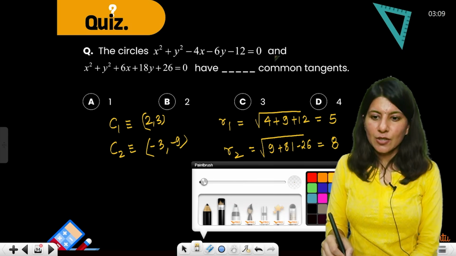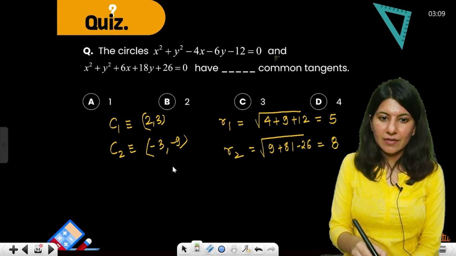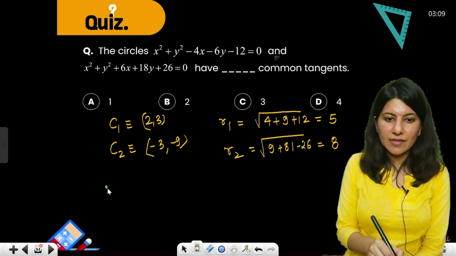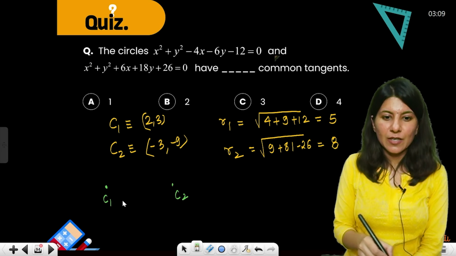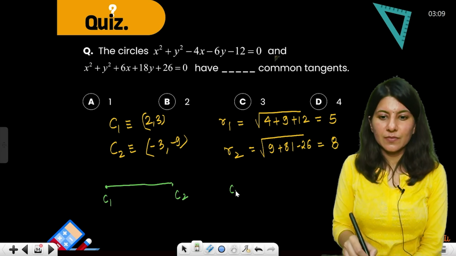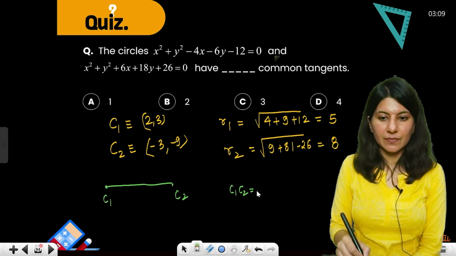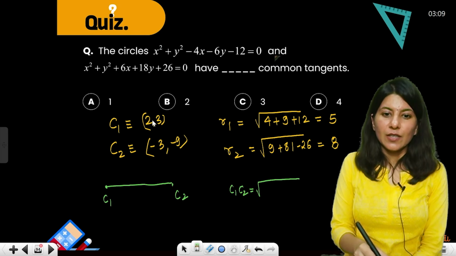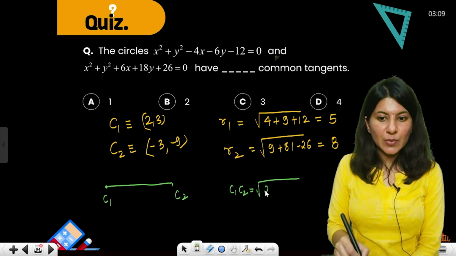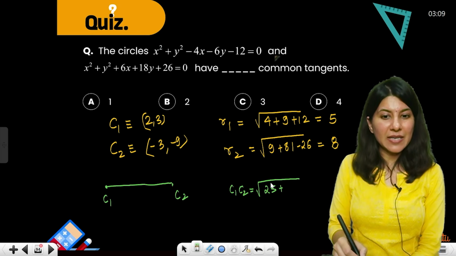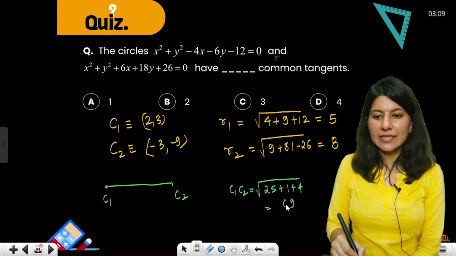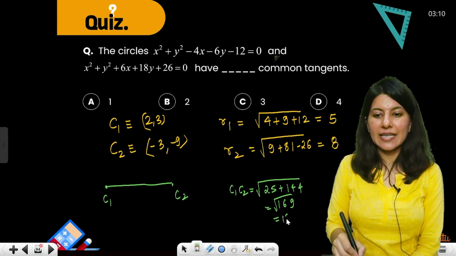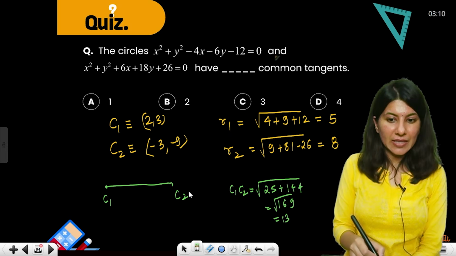Now the distance between the centers C1 and C2: 2 minus (-3) is 5, squared is 25; 3 minus (-9) is 12, squared is 144. So this is 169, and the square root is 13. The distance between them is 13.